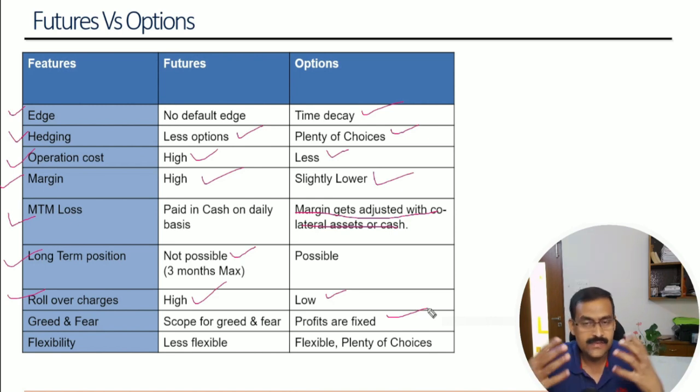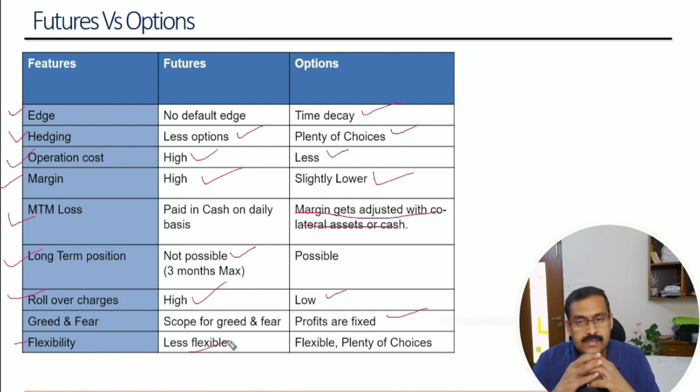So the greed also is under control, and fear can be controlled by restricting the maximum loss that you can incur with the strategy. Futures are less flexible. You cannot design a number of strategies out of it. But with options, there are plenty of options for you to design your strategies. So that is why, especially if you are a beginner, do stick to options trading rather than futures trading.